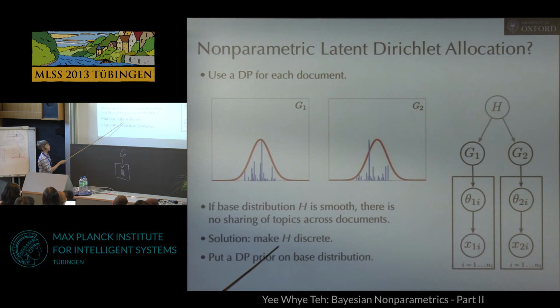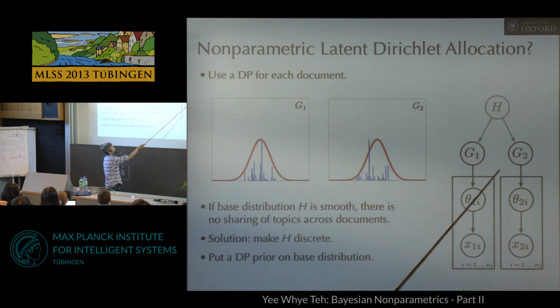So in particular, we would like to make H be a discrete distribution, an atomic distribution. And of course, we'd like to place a prior over atomic distributions. So what prior do we have over atomic distributions? It's a Dirichlet process, right? So we can place a Dirichlet process prior on our base distribution that is shared across the two different Dirichlet processes down here.